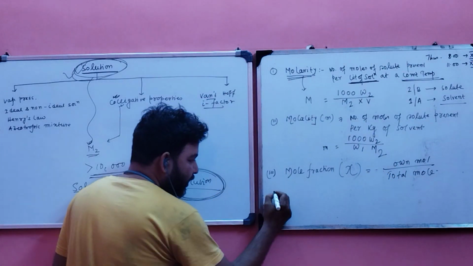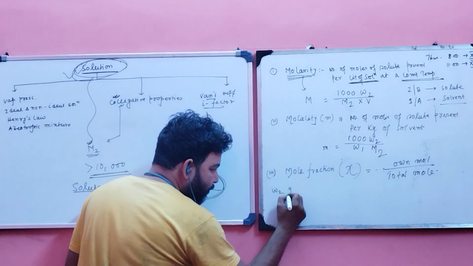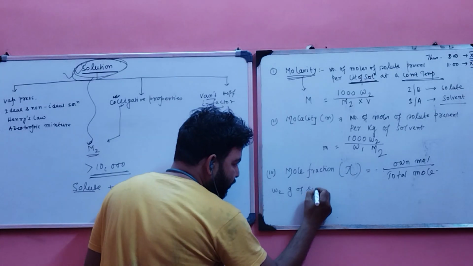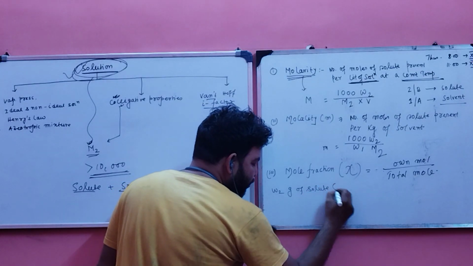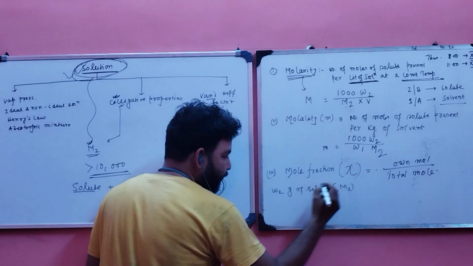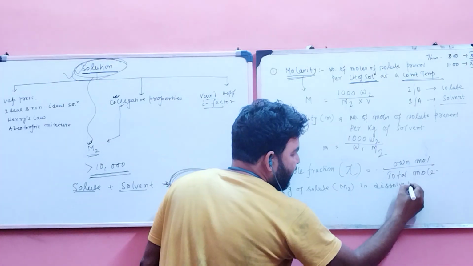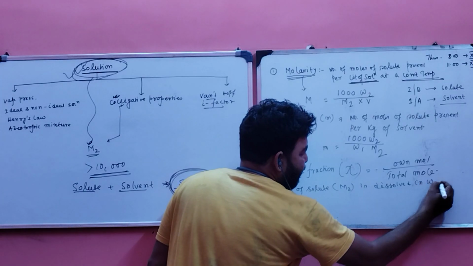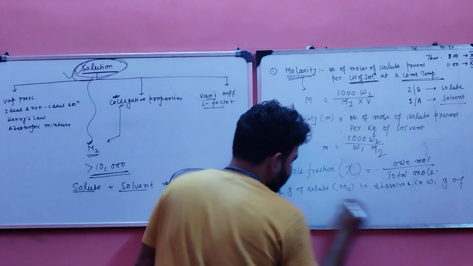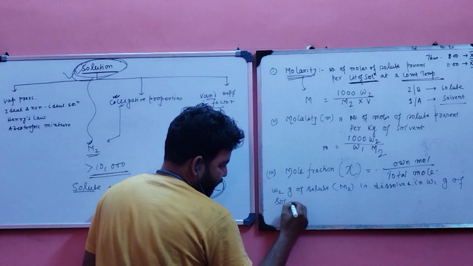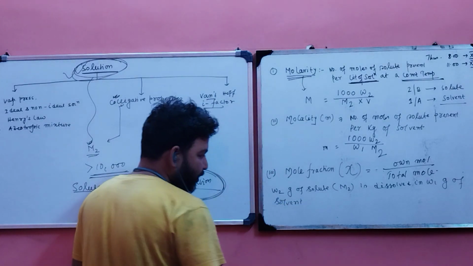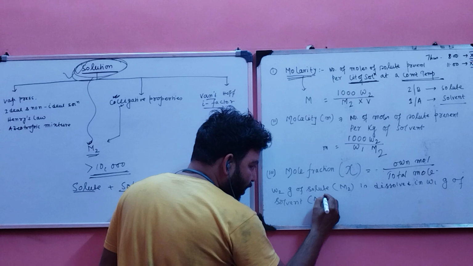Suppose W2 gram of solute whose molecular mass is M2 is dissolved in W1 gram of solvent. Clear? And its molecular mass is M1.